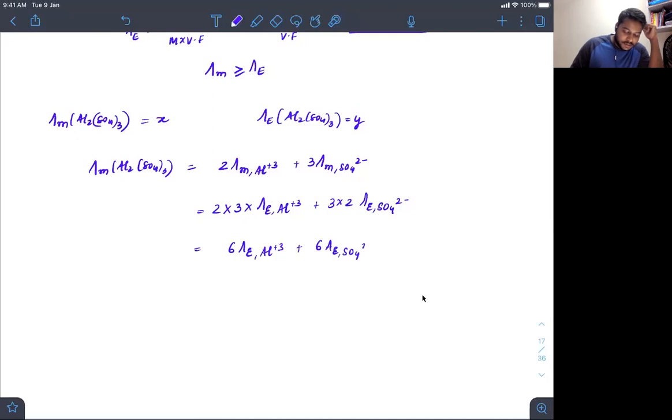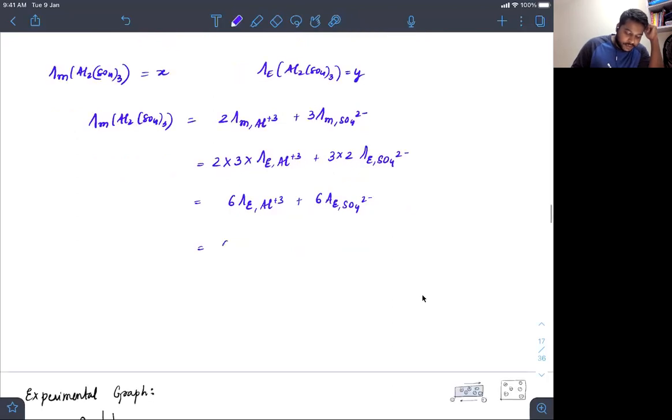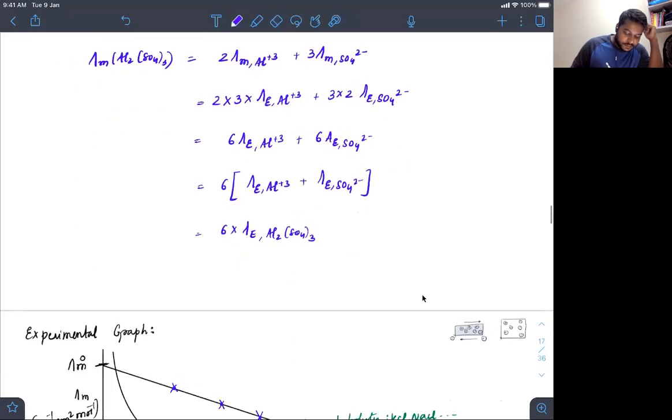If I just take 6 common, I get lambda E of Al+3 plus lambda E of SO4 2-, and 6 times of this is what we define as lambda E of Al2(SO4)3, which is equal to 6 times of Y, and this is X.